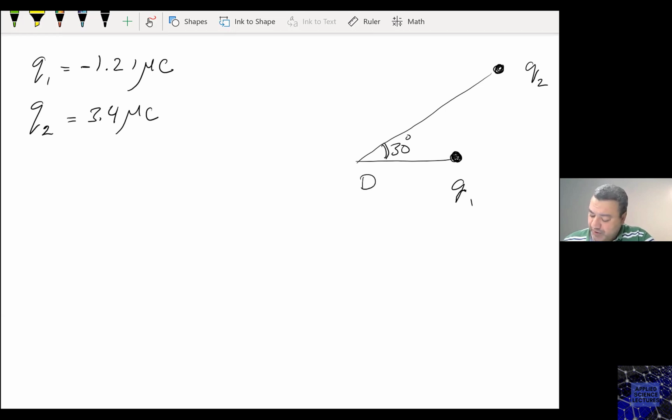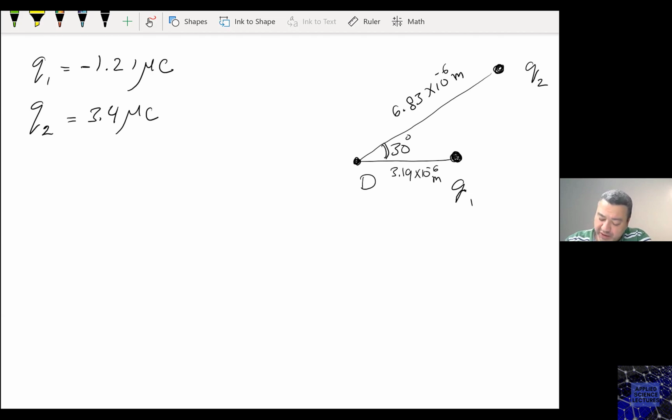This is the point D. The distance here is 6.83 times 10 to the power minus 6 meter, and the distance here is 3.19 times 10 to the power minus 6 meter. We need to calculate the electric field at this point.